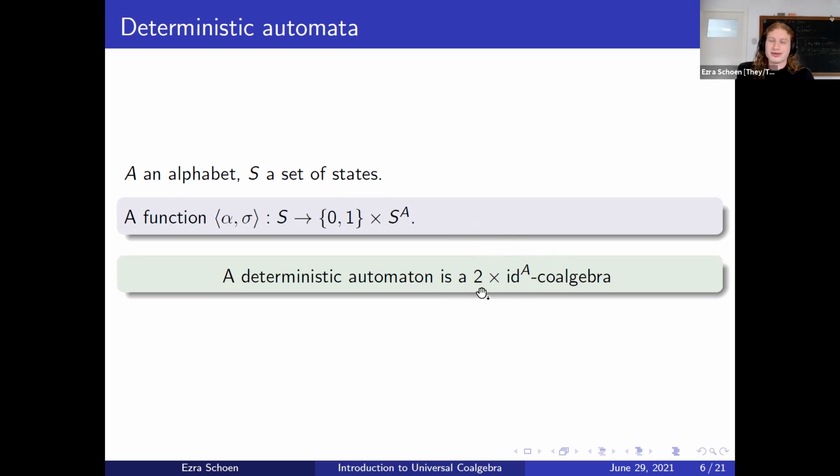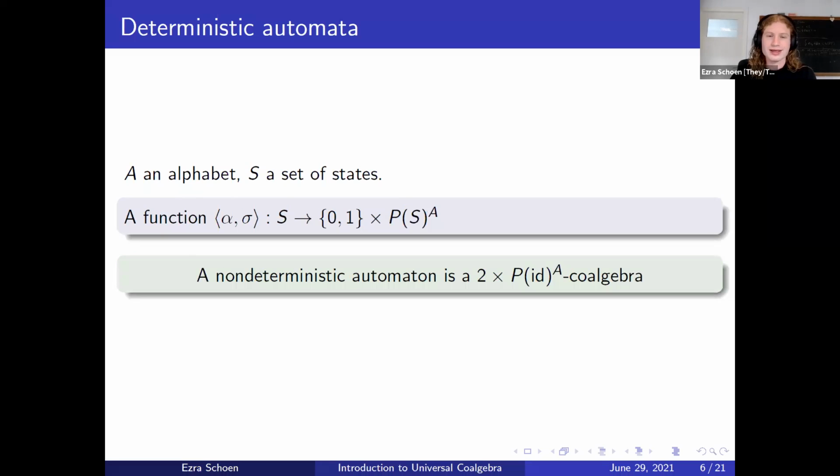So it has the constant functor 2 times the identity functor to the power A. And in fact, you can also just make them non-deterministic by taking the power set instead of just the identity. Because then for any letter A, there are multiple different possible next states that you may go to, or possibly none at all.